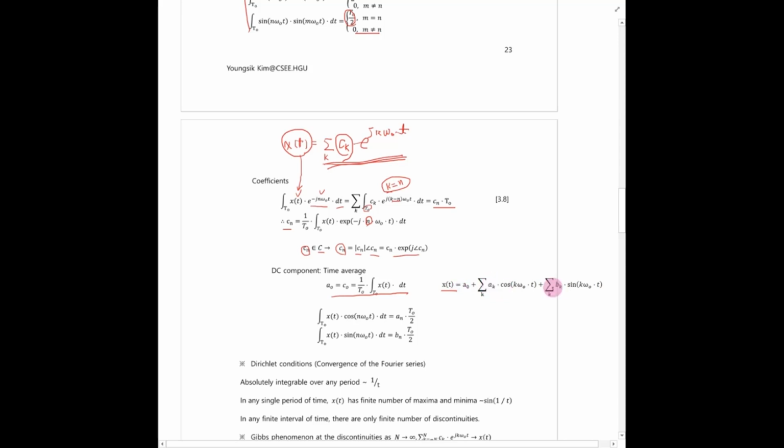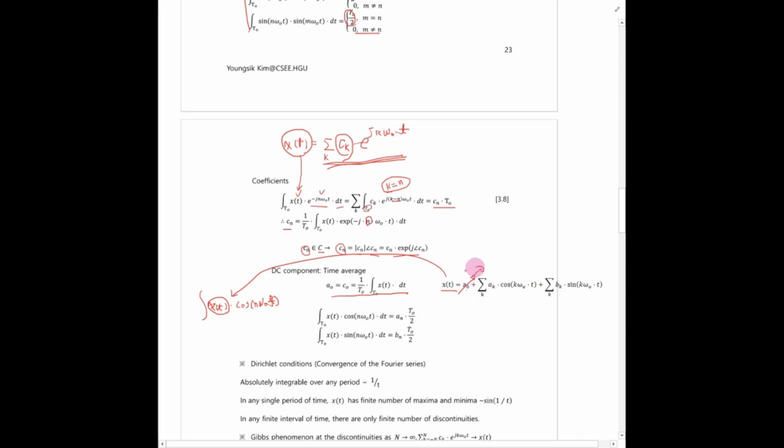If we expand x(t) in these patterns, then we can do the same things to find ak or bk. x(t) is dot producted with cosine n omega 0 t. Then we can replace x(t) with this one. If n is not 0, then a0 times cosine is 0.